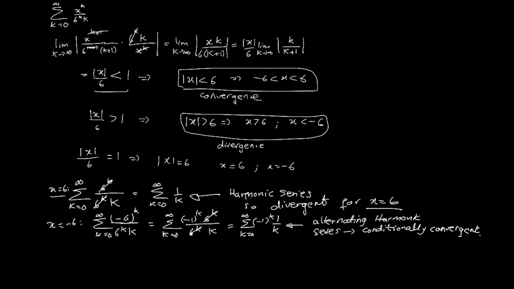So therefore our final result, the interval of convergence, because that's the objective, is x greater than or equal to minus 6 and less than 6. So it's a half open interval of convergence, or we could write it this way: x belongs to [minus 6, 6).